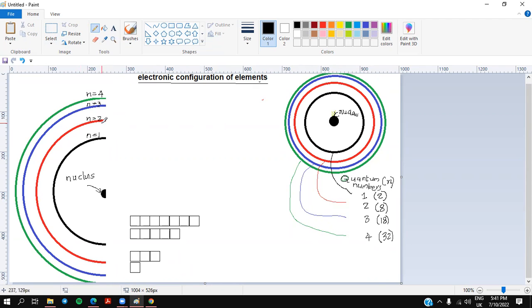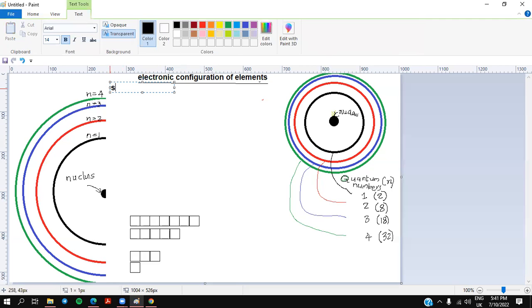I explained to you in the last lesson that these energy levels are actually going to divide into something called sub-energy levels. Why do you think these quantum numbers divide into sub-energy levels?